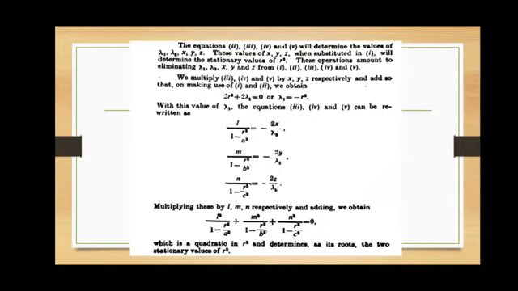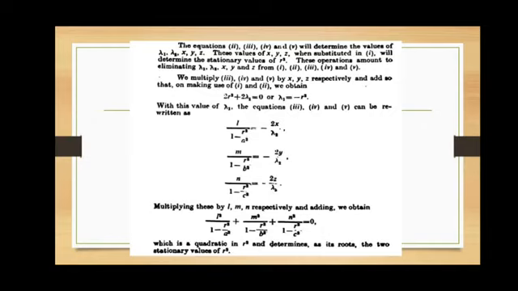lambda 2 is equal to 0. Taking 2 common, r square is equal to minus lambda 2, or lambda 2 is equal to minus r square. If we substitute here, the value of lambda 2 will be minus r square. With this value of lambda 2, equations 3, 4 and 5 can be written.